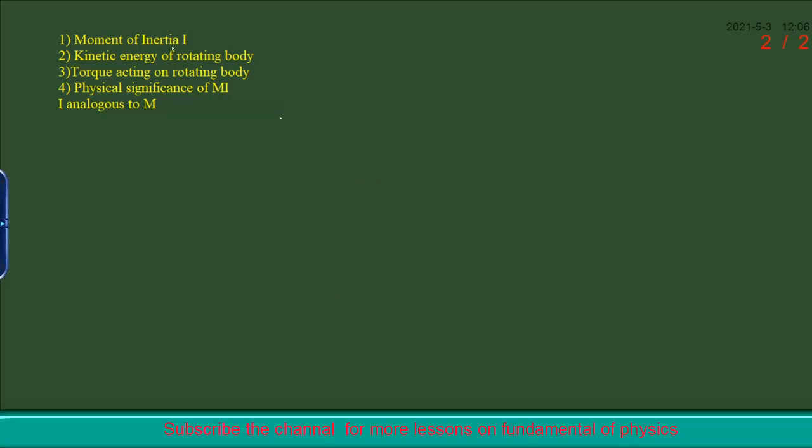Now first is the concept of moment of inertia. Let us consider a body of mass capital M. Let this body be divided into smaller and smaller particles. Let M1 be the mass of the first particle, M2 the mass of the second particle, M3 the mass of the third particle, and so on, Mn is the mass of the last particle.